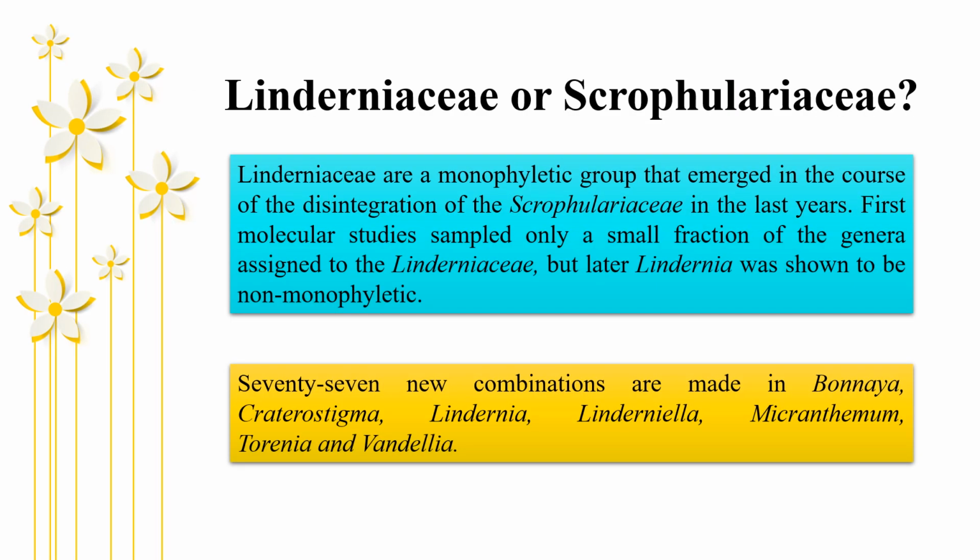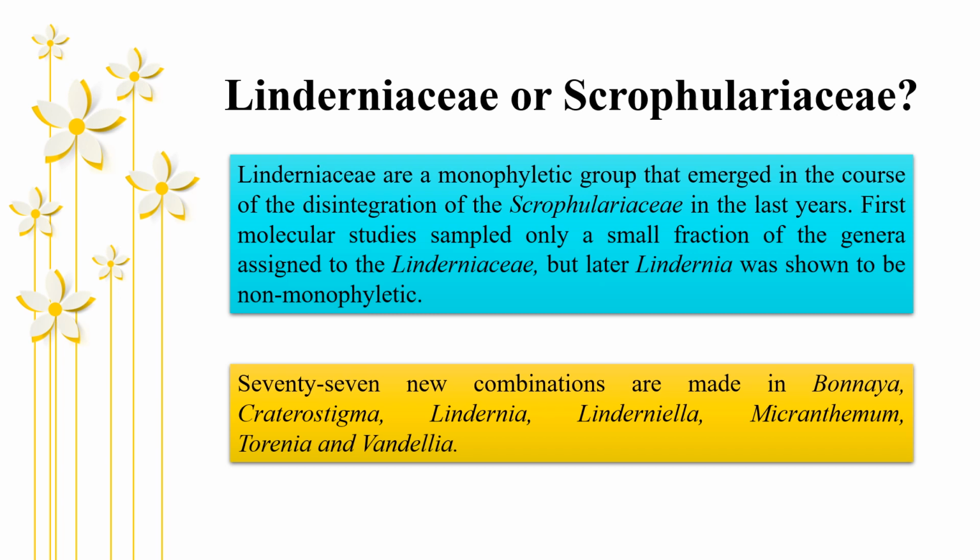Many research processes are going on between the family Linderniaceae and Scrophulariaceae. The morphological characters of flowers and plants are very similar in the two, so there is a little confusion in identifying between these two families. From last year, Linderniaceae is differentiated from Scrophulariaceae.